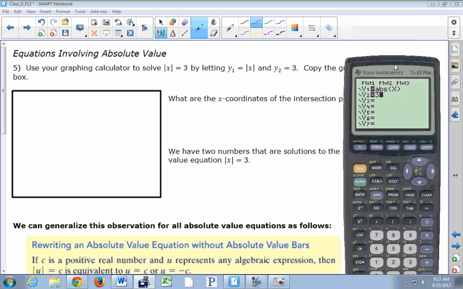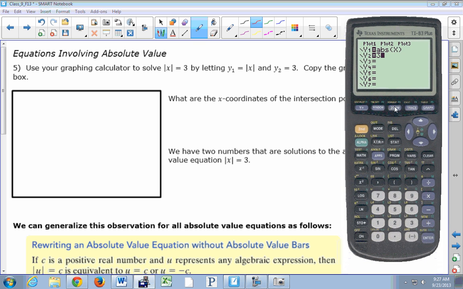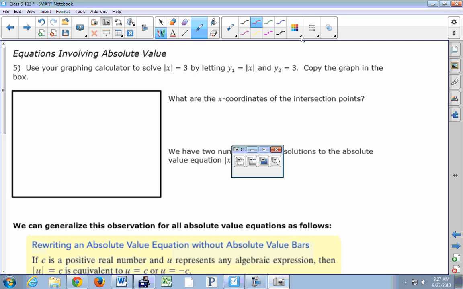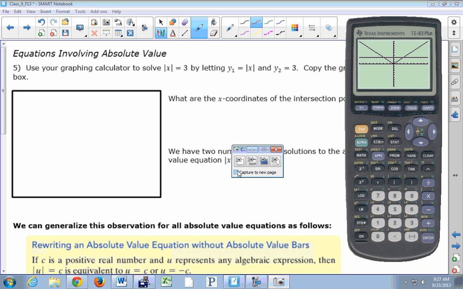Okay, we're going to copy this graph. I'll keep the standard window, which is probably good enough. There it is. Look at your equation, absolute value on one side and 3 on the other.